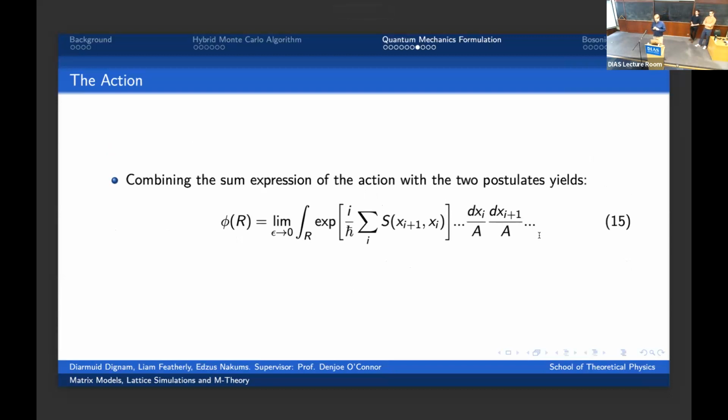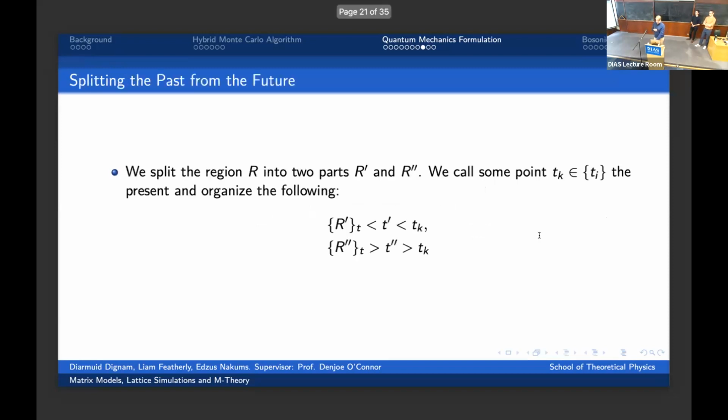We have these A's in here, which are the normalization factor that I've split up. They don't always have to be equal, right? If you took different time steps, you could have different normalization factors for those different steps. The important part here is we have an exponential of a sum. The exponential function connects multiplication and addition, and it allows us to factor the thing.